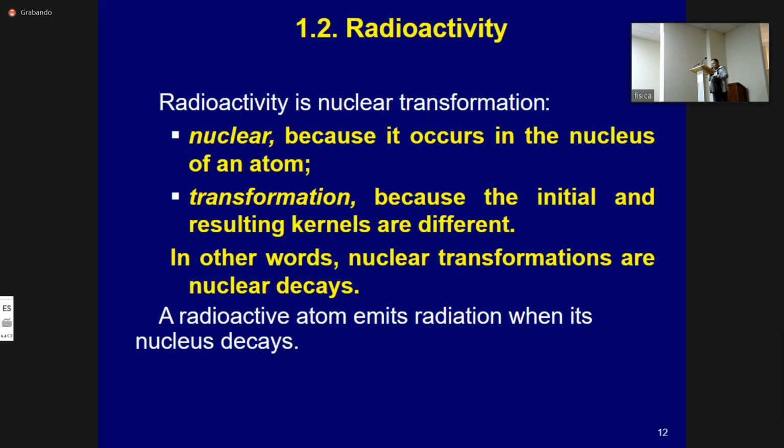Photons arising from nuclear transformation are also called gamma quanta. This radiation, when interacting with matter, is capable of converting atoms and molecules into ions. It is ionizing. The radioactive atom always emits ionizing radiation.